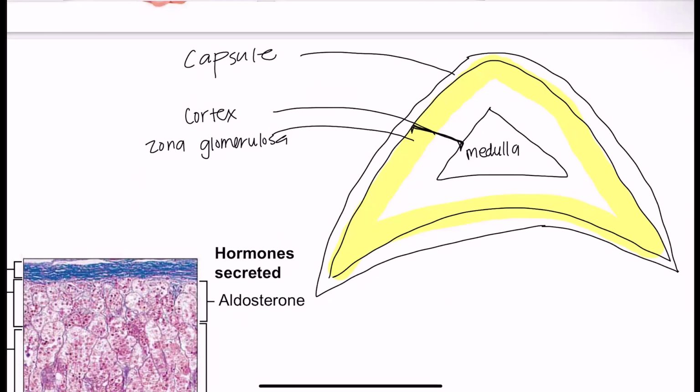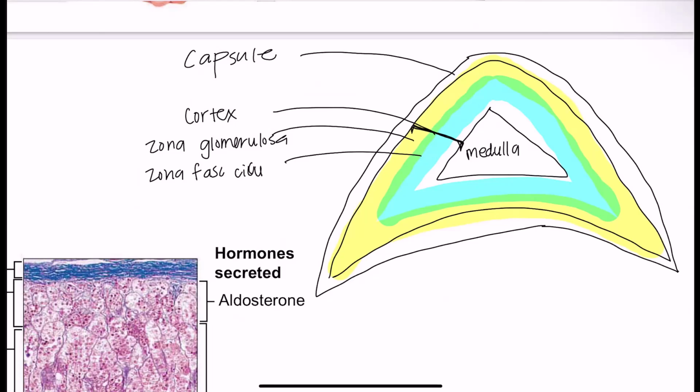And then there's a middle layer, which I'll do in blue. The middle layer of the cortex is called another zone, zona fasciculata.